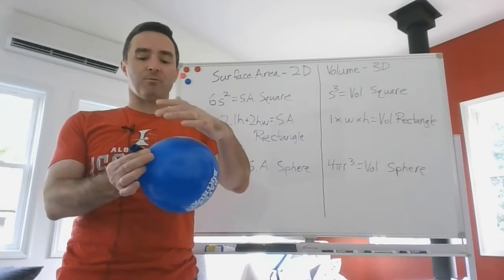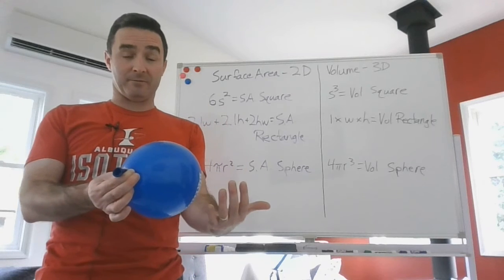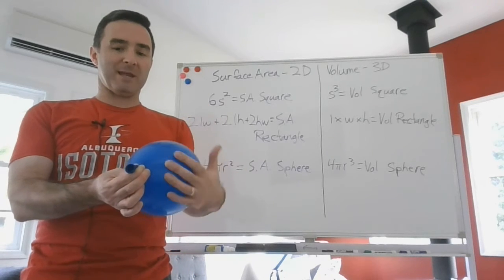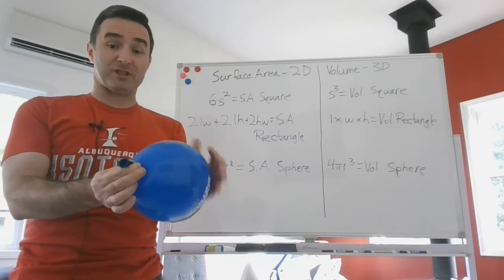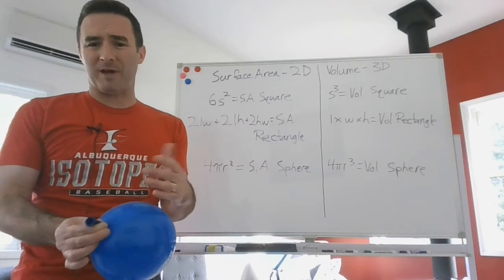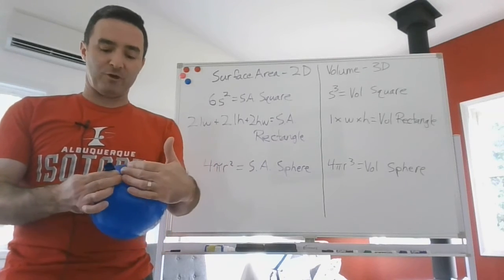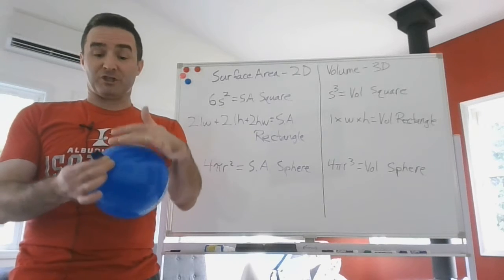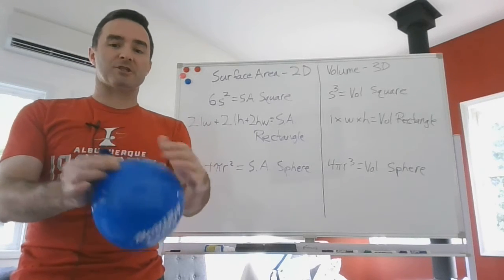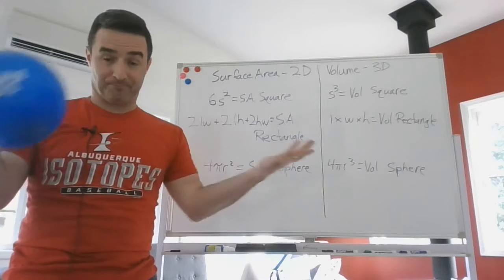The volume is 3D, but the shape on the outside, the surface area, that's really two dimensions. That's what you would get if you just sliced the balloon this way and laid it out flat.